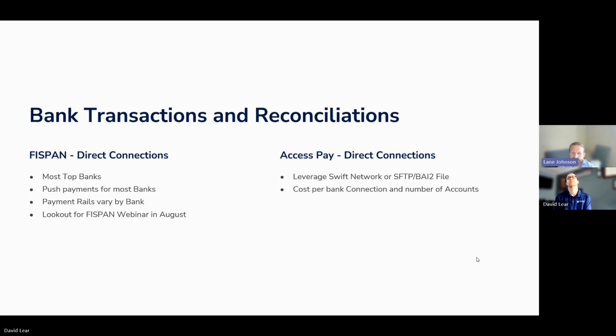There is always a cost with Access Pay. It depends on the connection and the number of accounts. With FiSpan, it can depend on the bank and your relationship with the bank. So if you're struggling with that Plaid or indirect connection, this is where to look next.